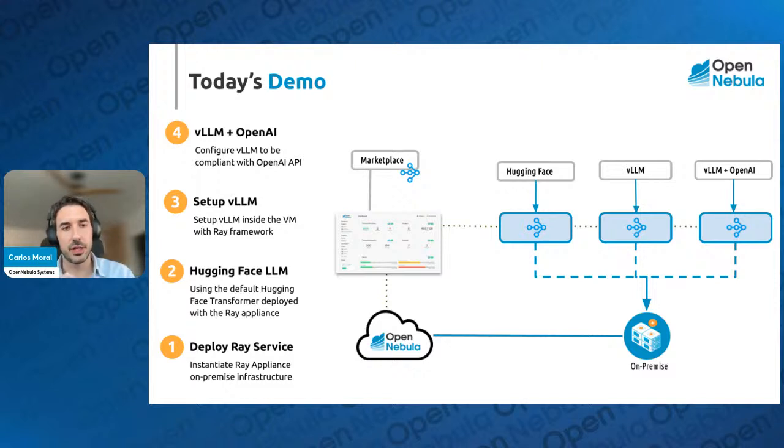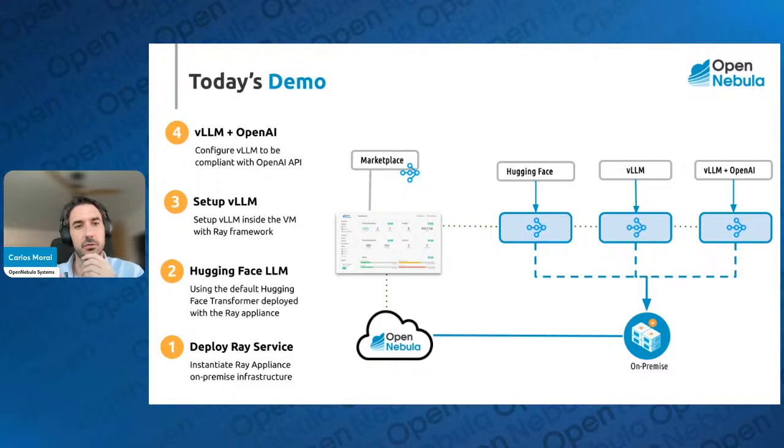Third, we are going to check how to do this same deployment of an LLM, but using vLLM, which is one of the most used frameworks for inferencing regarding LLMs. And then, as a fourth step, I'm going to show you how to do this vLLM deployment, but also with compatibility with the OpenAI API.